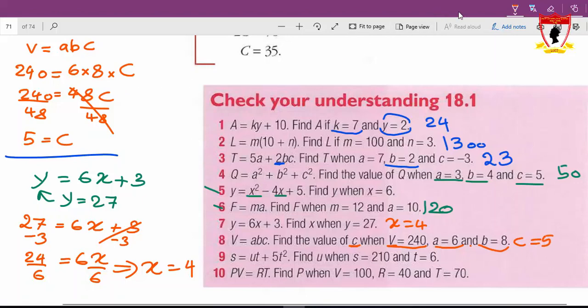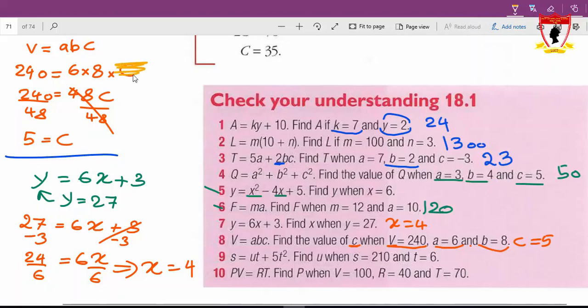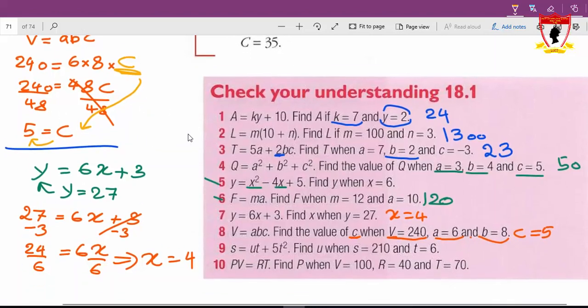When you see one variable is missing, all you have to do is keep this variable alone on a side. Then what appears on the other side is the value of the missing variable. As we did here, we kept C alone on a side. Then what appears on the other side is the value of C. Quite simple.